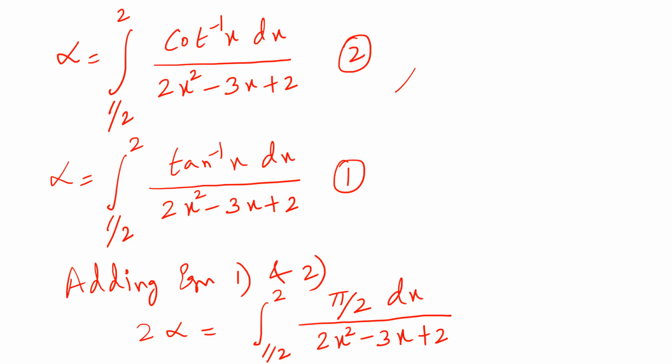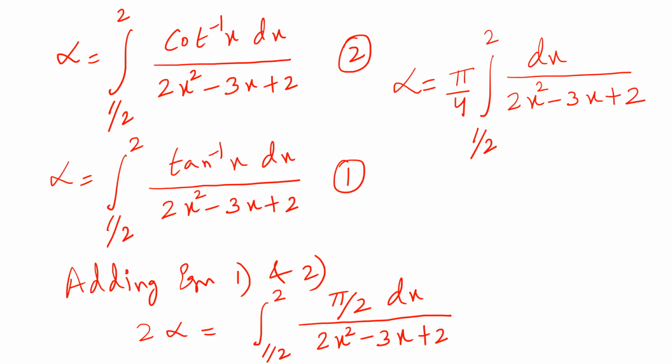Now students, alpha becomes equal to pi upon 4 into integral 1 upon 2 to 2 dx upon 2x square minus 3x plus 2.